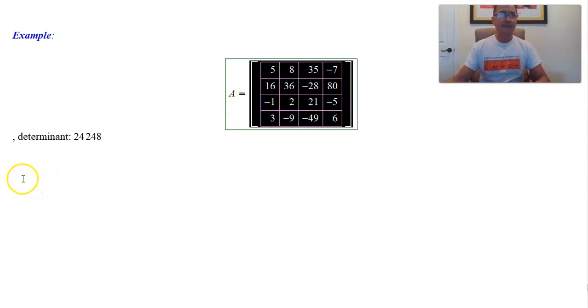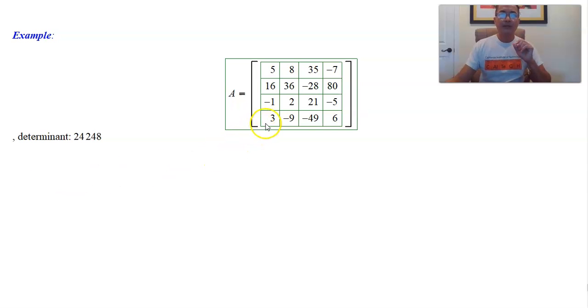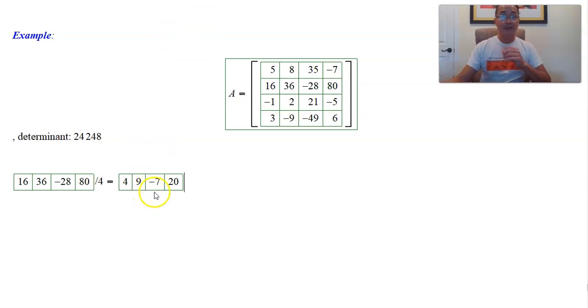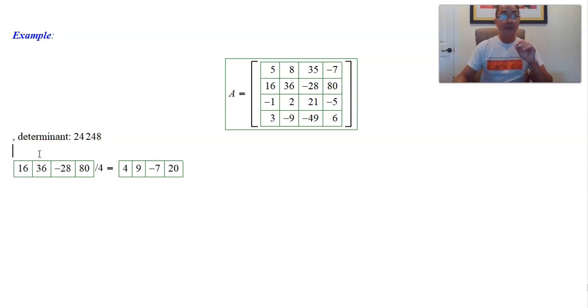Okay, let's do a scale. What I'm going to do is take row 2 and divide everything by 4. I'm just going to copy row 2 and divide it by 4. We get much smaller numbers. That will now be the new row 2.